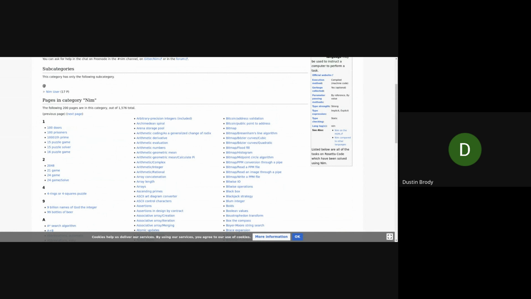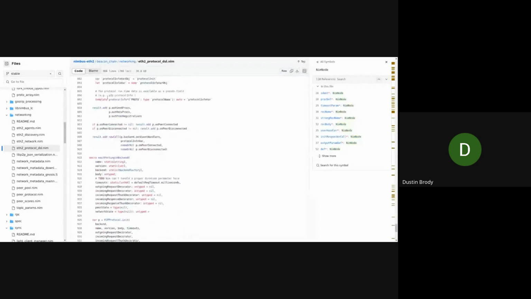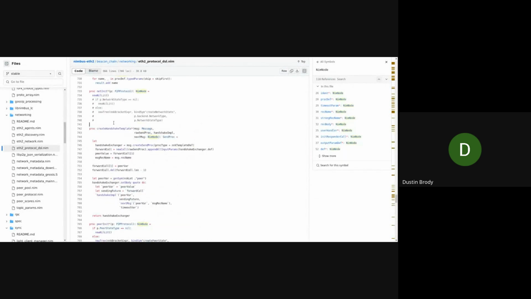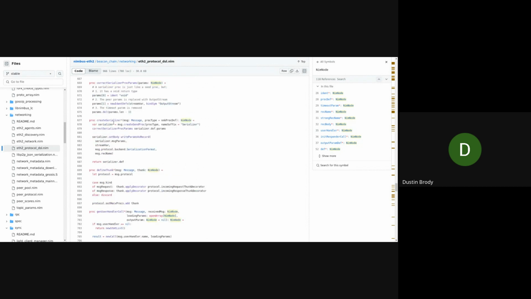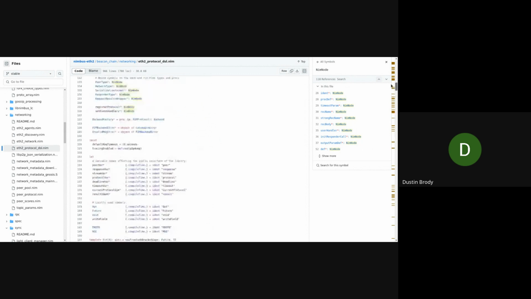Otherwise, in terms of complexity, in terms of the rest, I think this is reasonably well covered.